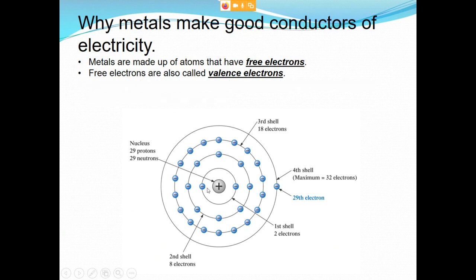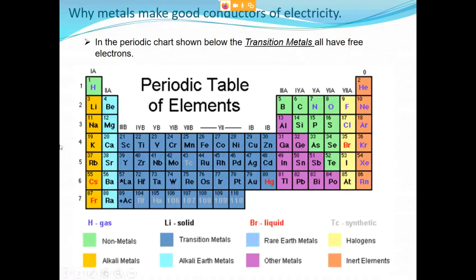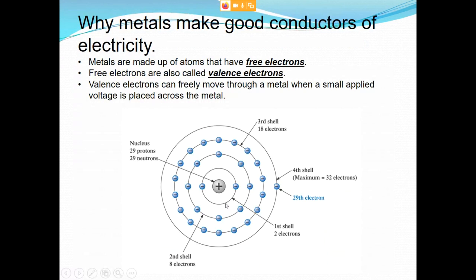Lithium has an atomic number of 3. It means it's got 3 protons. So it'll have 2 electrons in that innermost valence band, but the next band wants to have 8, and it only has 1. With no electrical charge, it's got 1 electron in that second shell out there.